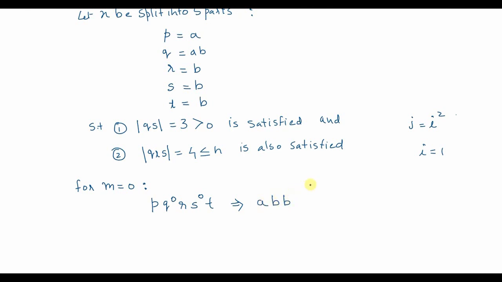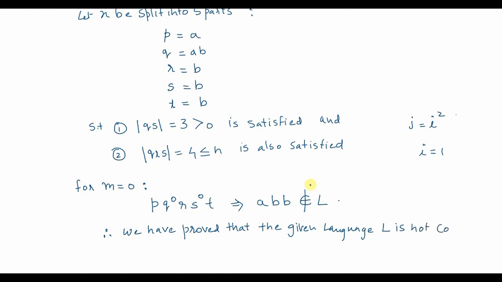No. And that's why I can clearly see that this string does not belong to the language. Therefore, we say we have proved that the given language L is not context free.